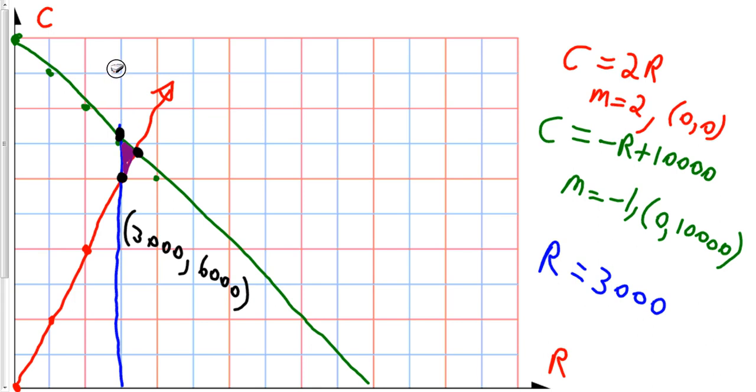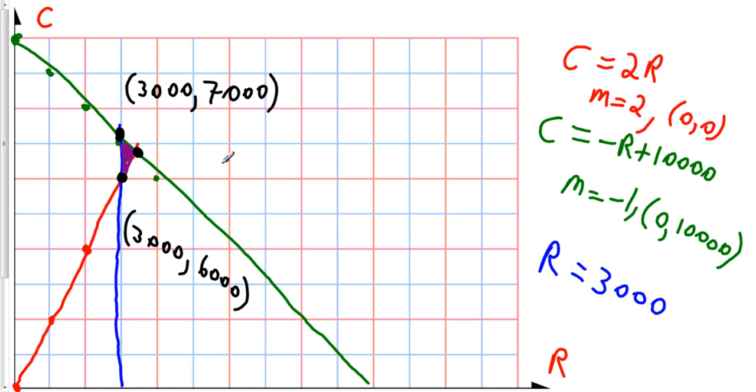We already have our region. So this top vertice right here has the ordered pair where the value of r is still 3,000, but now the value of C is negative 3,000 plus 10,000, which is 7,000.